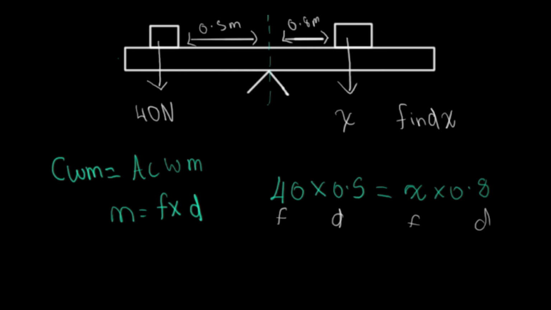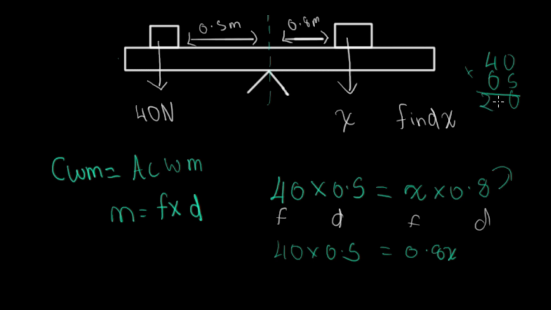Yeah, that's literally it. So 40 times 0.5 is equivalent to 0.8x. This is because X times a number is that number X, yeah? And 40 times 0.5 is, let's just see: 5 times 0 is 0, 5 times 4 is 20, 0 times 0 is 0, 0 times 4 is 0.